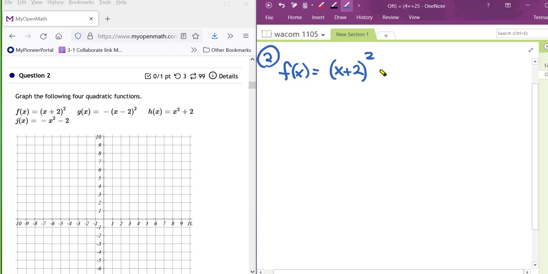So if there's no number here, it would be 0. So your vertex on this one is going to be negative 2 because that's plus negative 2, 0. And you would pick some other point to plug in. All right. I'll skip graphing that one so it won't take so much time.